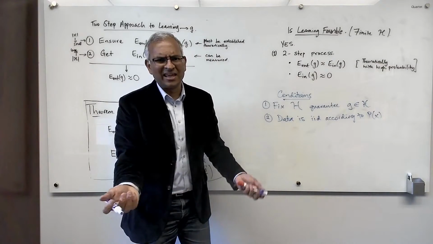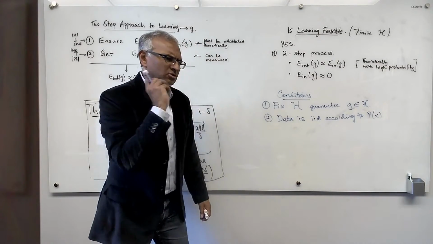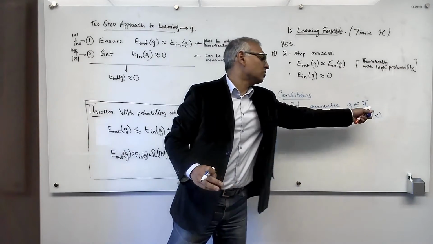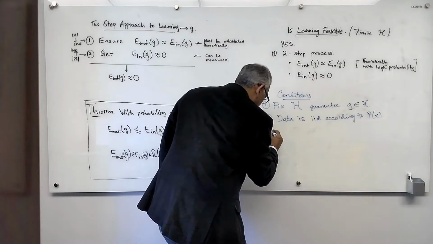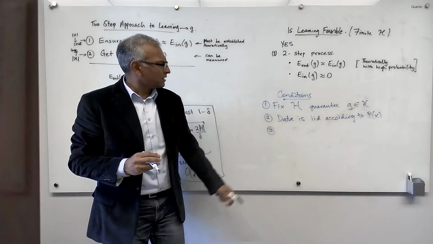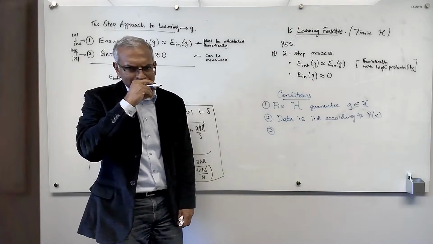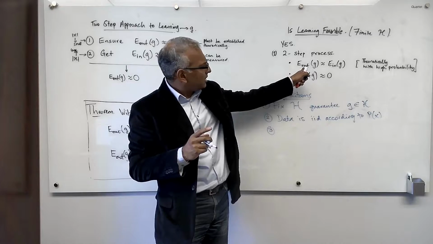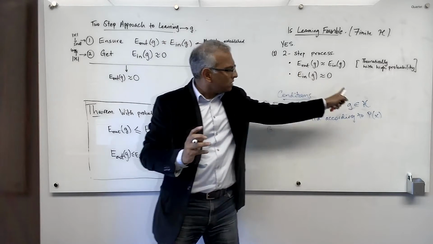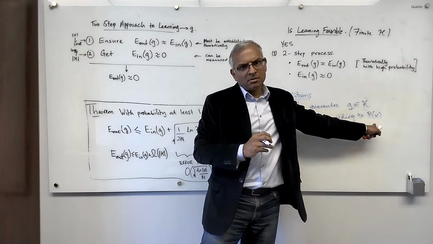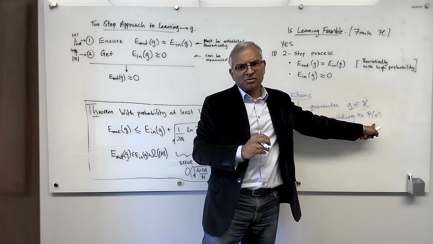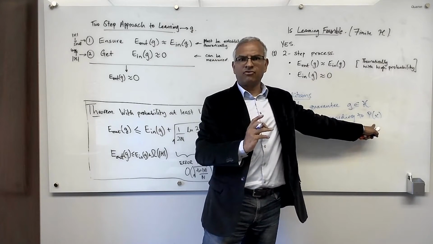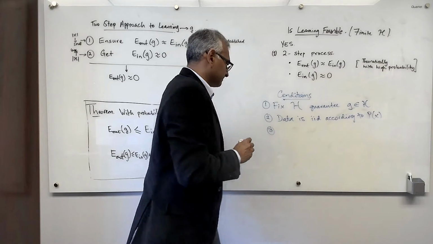Right? I mean, this is the case in all applications that your data comes from some random process. We're calling this P of X. But the important third condition is, it must be the case that we are talking about the Eout that is relevant to that same random process P of X that's generating data and the same target function that's generating the data.